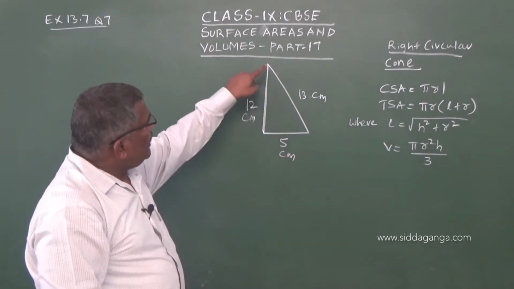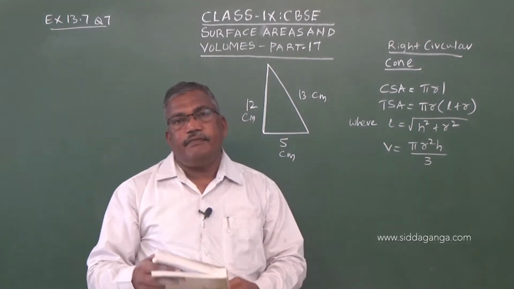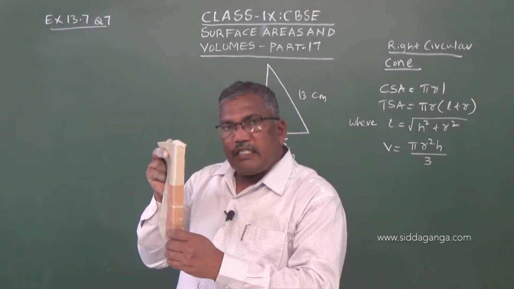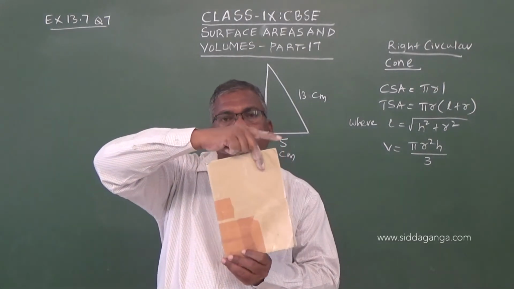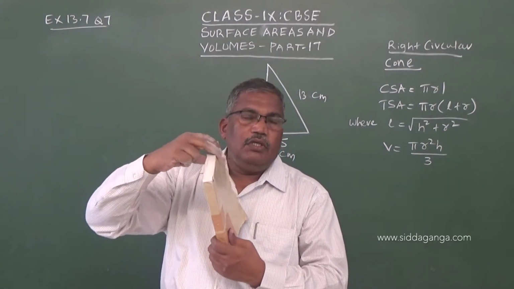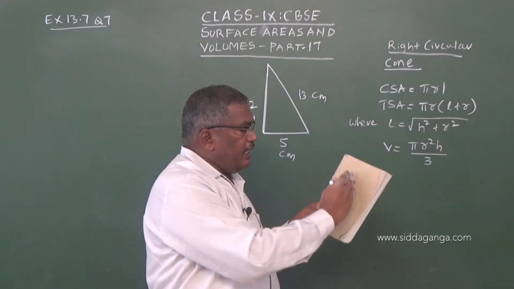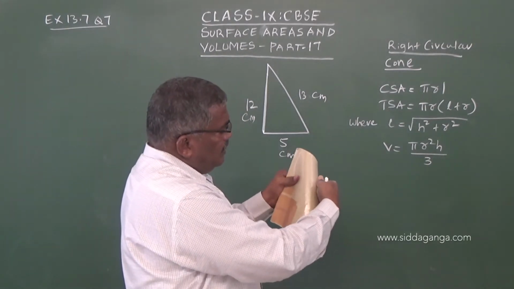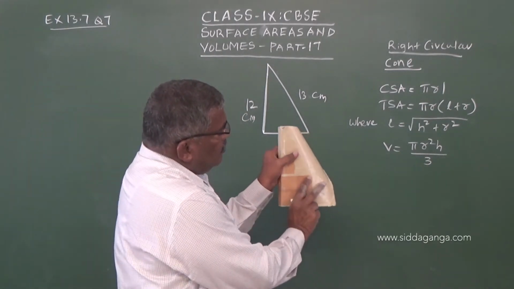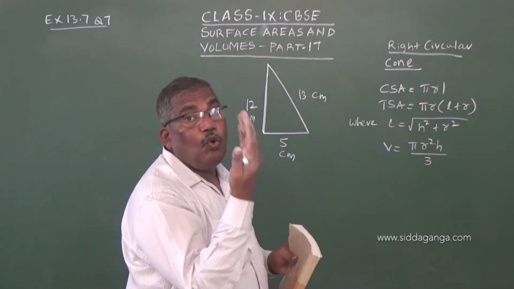So this 12 centimeter side is made the central axis, and with that axis it is rotated. The diagonal portion, which is 13 centimeter, when rotated on the vertical axis, will form a cone.